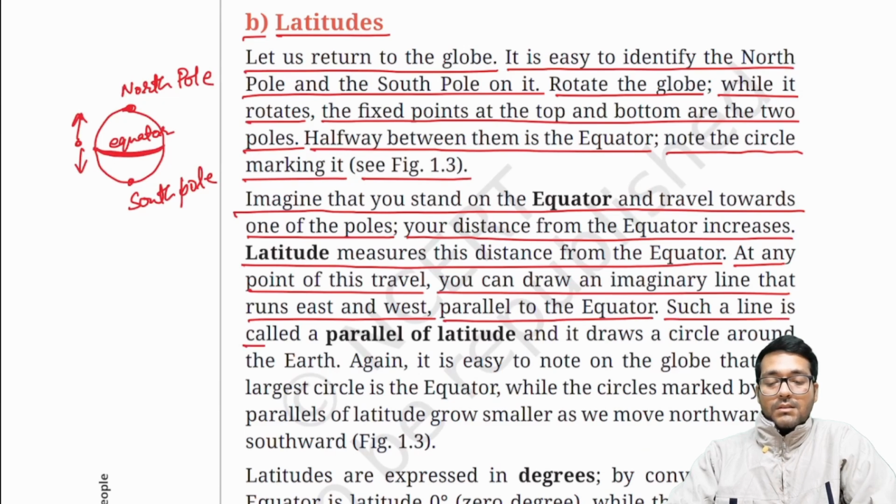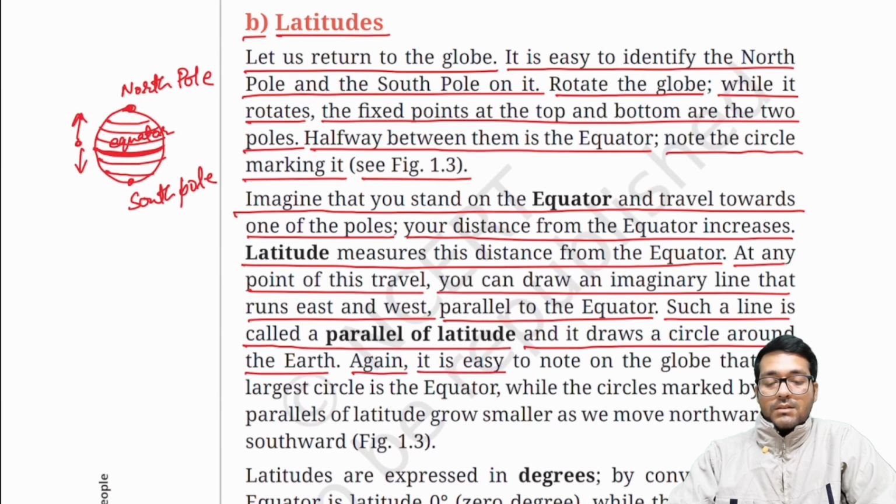Such a line is called a parallel of latitude, and it draws a circle around the earth. All the lines or circles that are parallel to the equator will be called parallels of latitude.